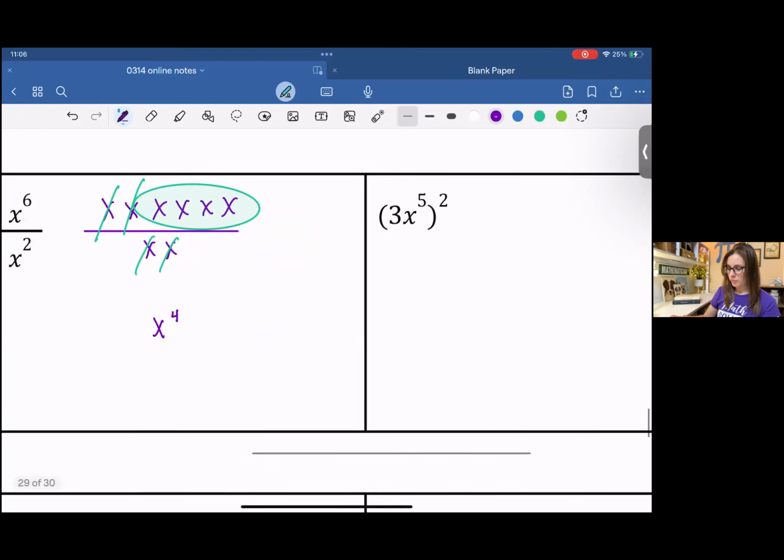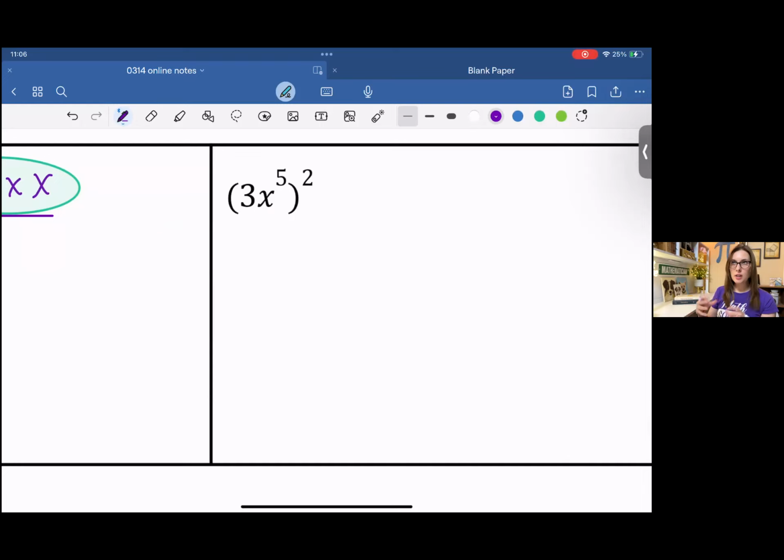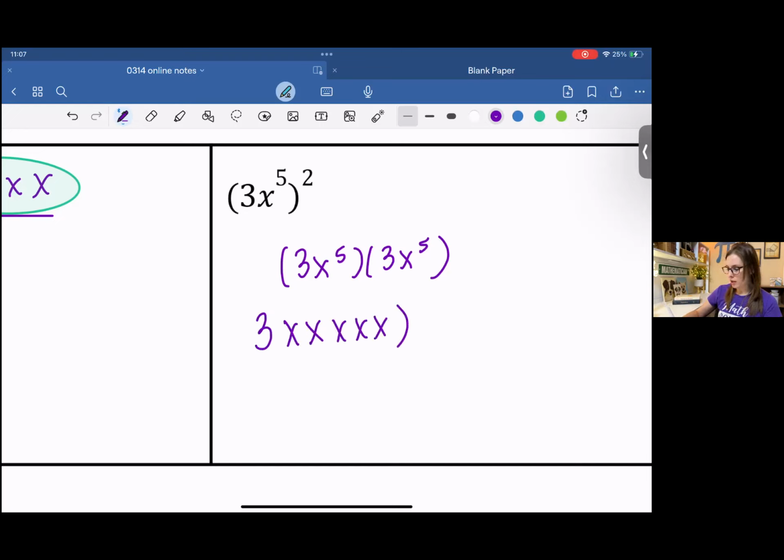And then this last one, it has 3x to the 5th squared. So by definition, that means 3x to the 5th times 3x to the 5th. The base is 3x to the 5th. It's being multiplied twice. And then if I expand it even further, I have 3 times x times x times x, 5 of those, and the same again. And then I'm going to use the commutative property.